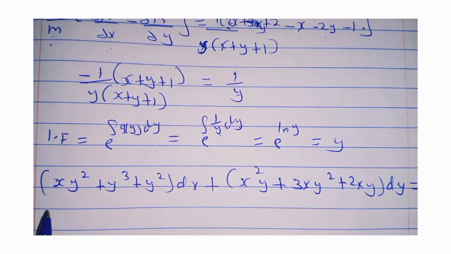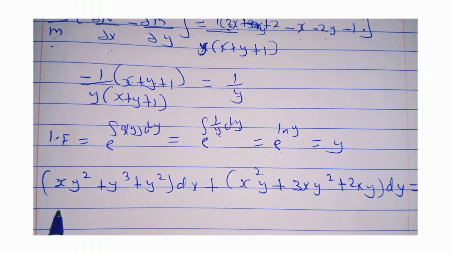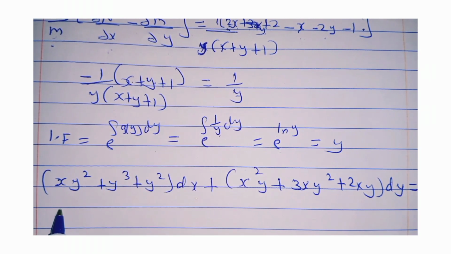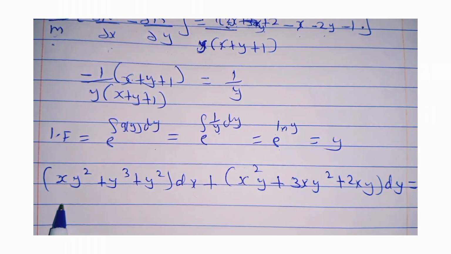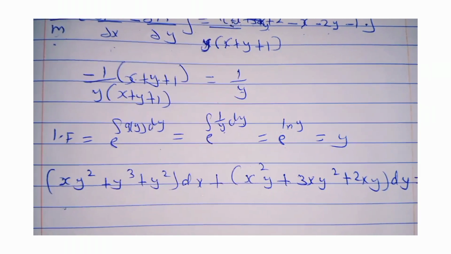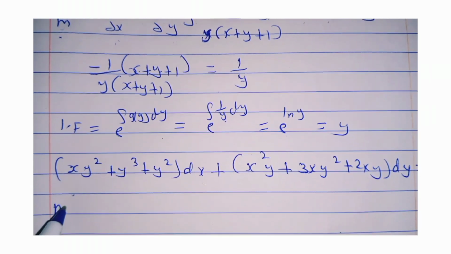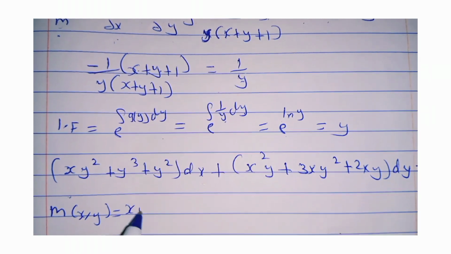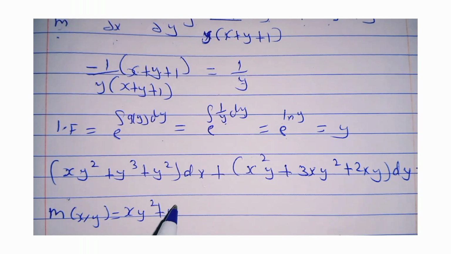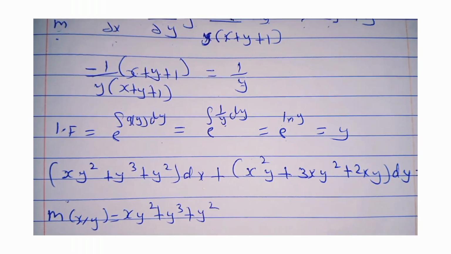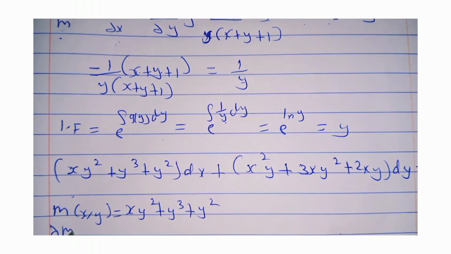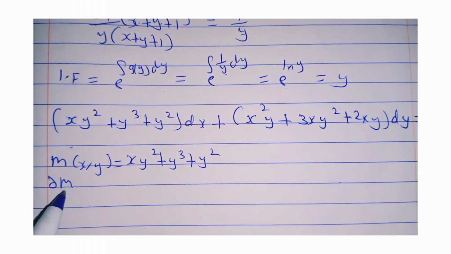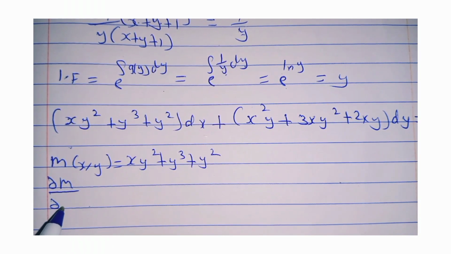Once we have our new ODE, the next thing is to check and see whether it has become exact. So our M, which is a function of x and y, is equal to xy squared plus y cubed plus y squared. Then you get the partial of M with respect to y.